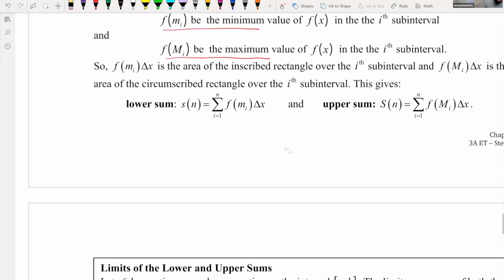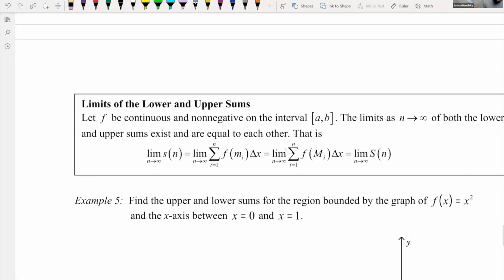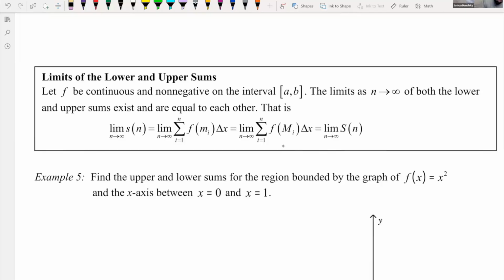Now, as we mentioned in the previous example, first of all, notice right here, we have a lower sum because we have little m sub i. And here we have an upper sum. But as we take the limit of these guys as n approaches infinity, it turns out that these two values are approaching the same thing, right?